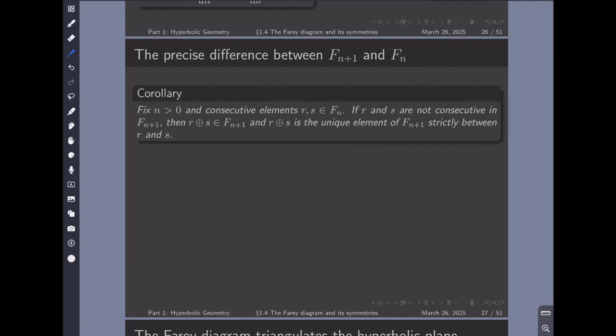And since it was a determinant equal to 1 condition, then we also know that if you give me two rational numbers, they are consecutive in at least one Farey sequence if and only if they are connected through a Farey edge.